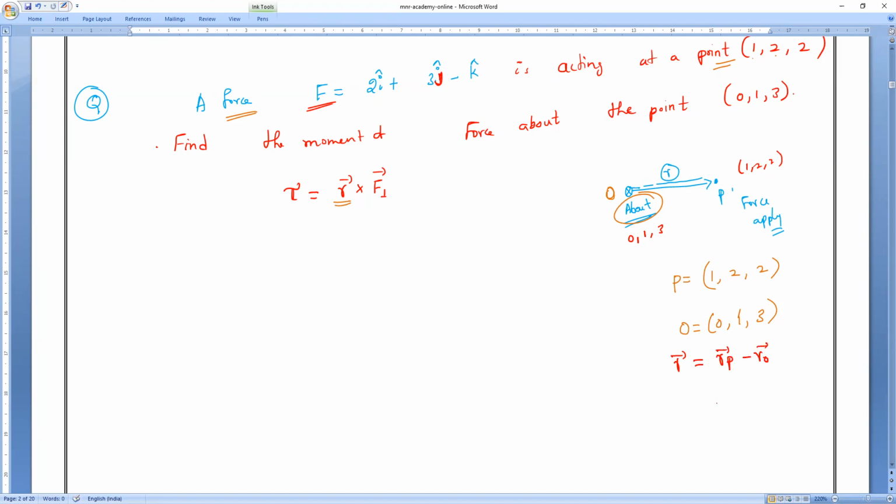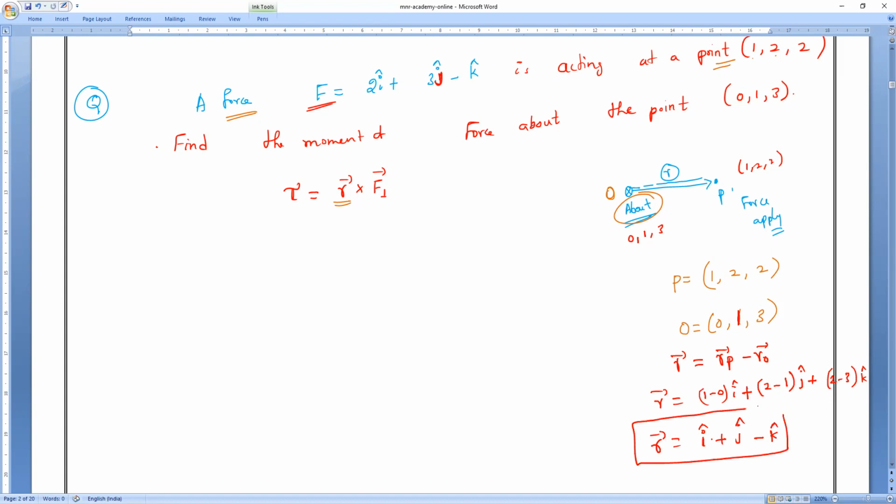Vector subtraction is what we are going to do now. RP minus RO: 1 minus 0 into i cap, which is 1 i cap, plus 2 minus 1 into j cap, plus 2 minus 3 into k cap, which gives minus k cap. So R is i cap plus j cap minus k cap.